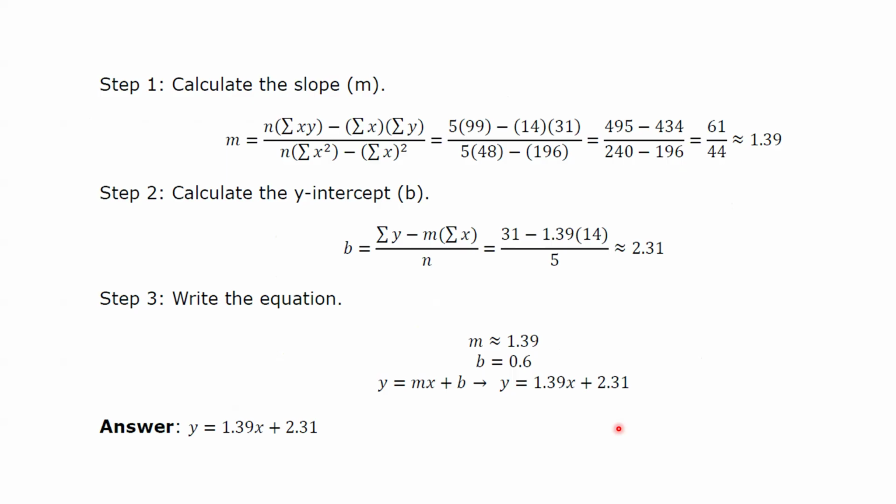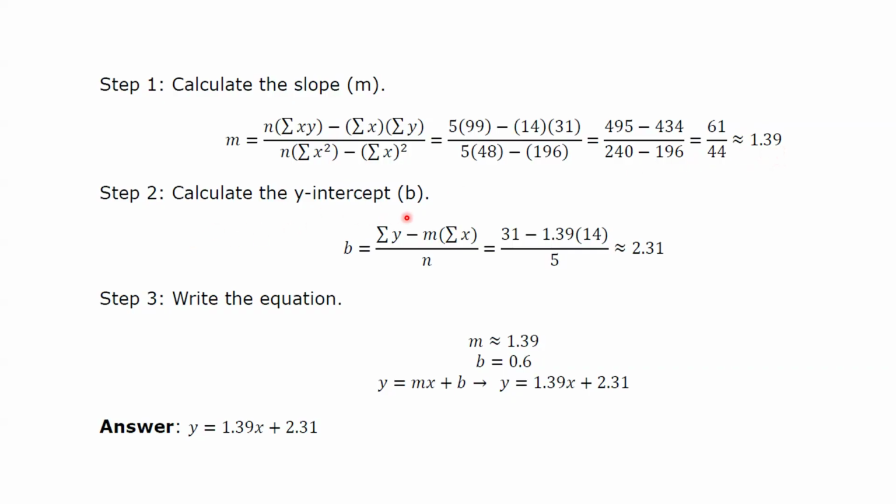So the first thing we're going to do is calculate the slope. So m equals 5 times 99 minus 14 times 31 all over 5 times 48 minus 196. So that's 495 minus 434 over 240 minus 196. So that's 61 over 44, which equals 1.39.